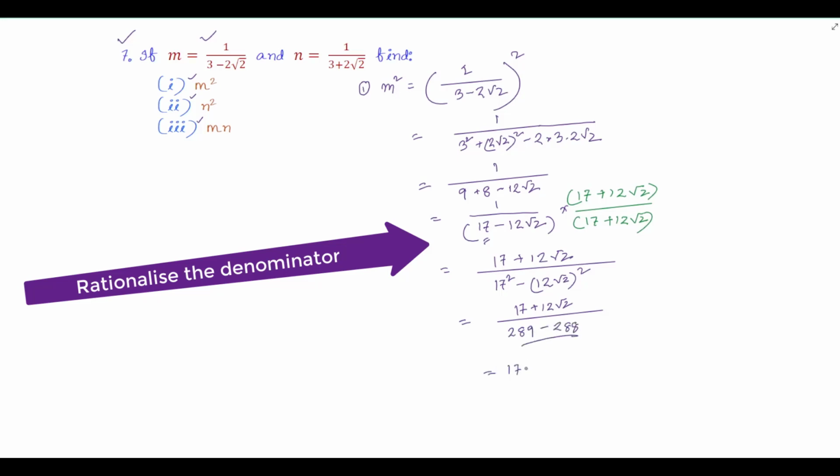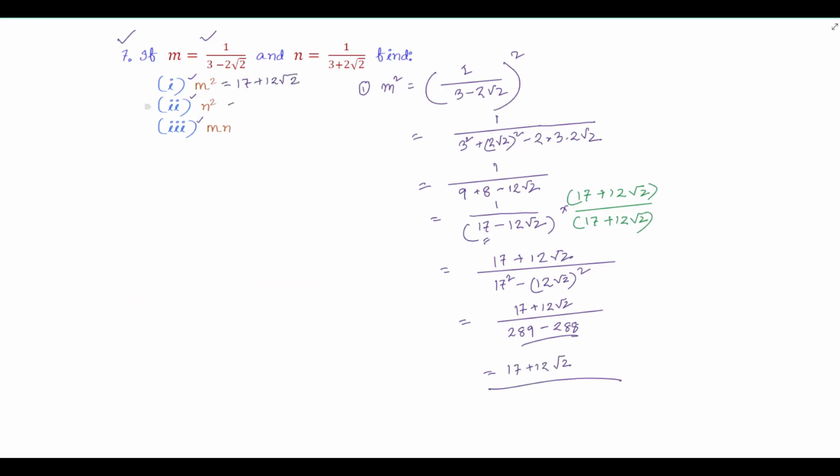So this will be 1 over 17 plus 12 root 2. Similarly, if you find n square, then you will get 17 minus 12 root 2.